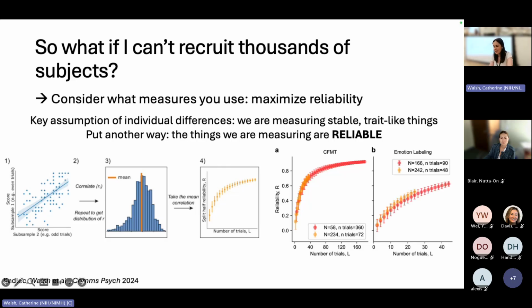So you can see another task, this is a motion labeling task, it doesn't really plateau to a stable level of reliability. And then in contrast, this Cambridge face memory task converges around this kind of 100-ish trial mark. And even then, if you take a long form of this, it only has 72 trials. So that kind of can be a problem across tasks.